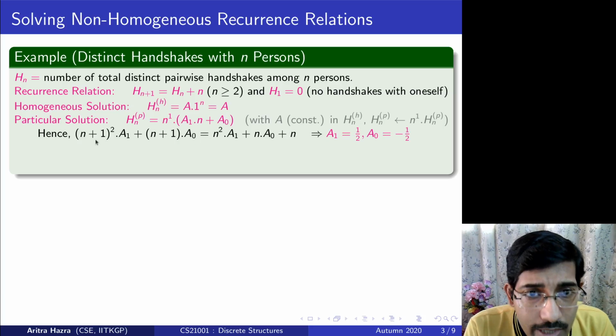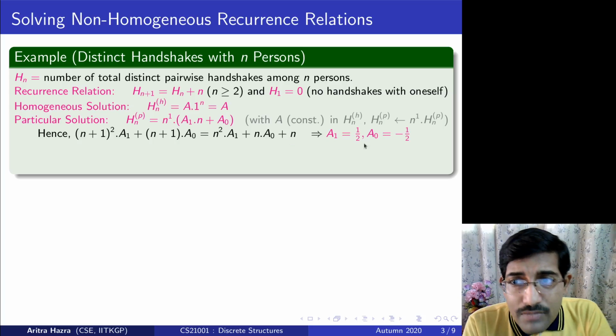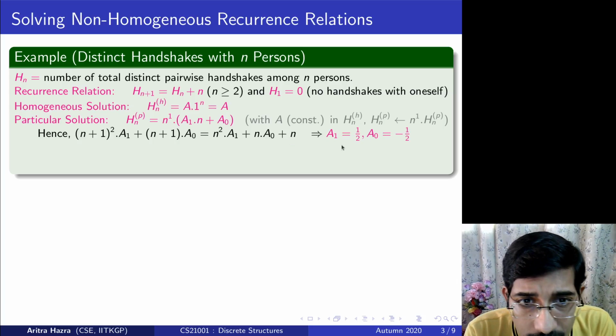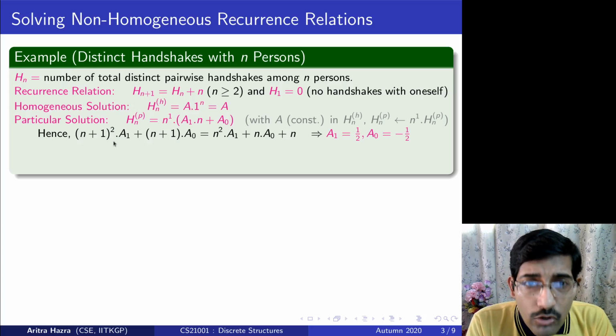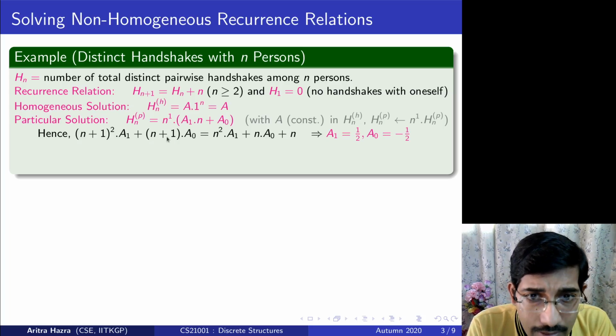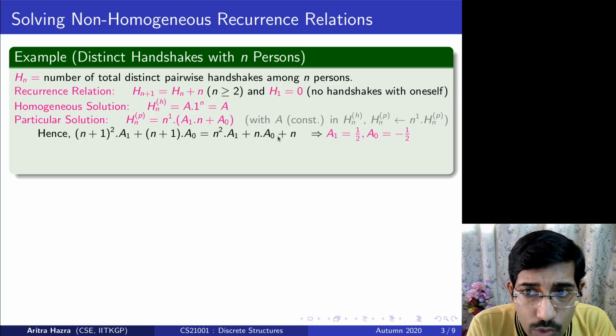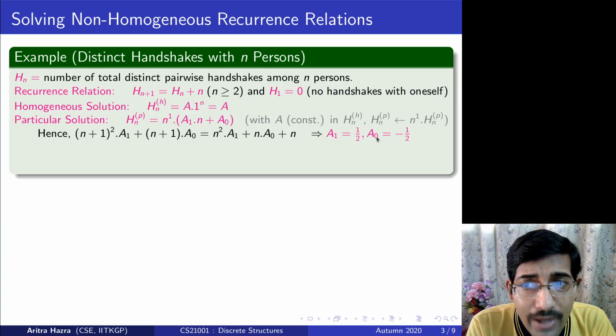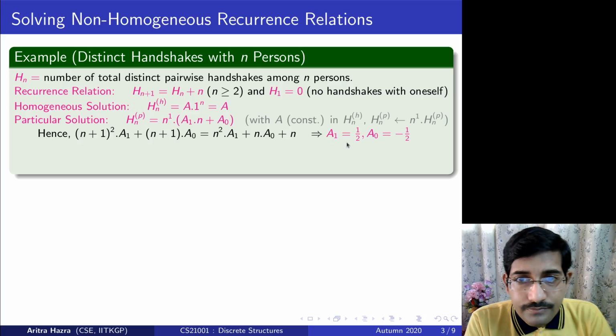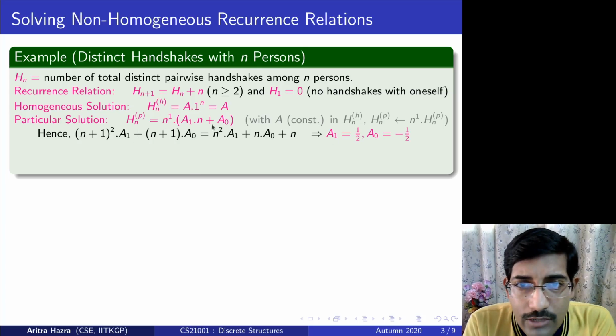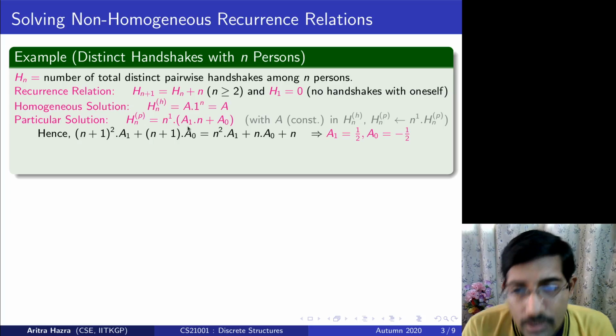So we only have 2n a1 plus n a0 equal to n a0 plus n, which gives me a1 equal to half. And if we look at the constant part, that is a1 plus a0 equal to 0, so a0 equal to minus a1, which is minus half. So this way I get the particular solution constants.